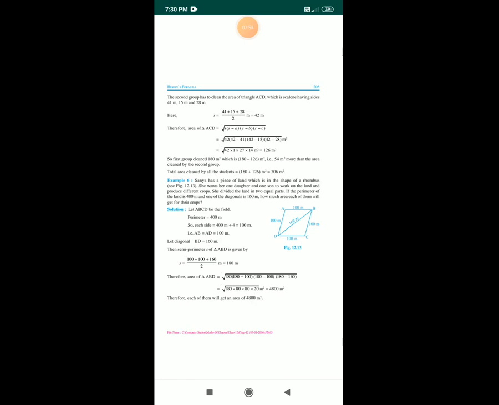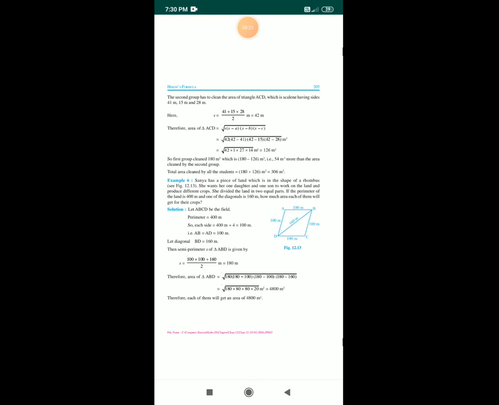She divides the land in two equal parts. If the perimeter of the land is 400 meter and one of the diagonals is 160 meter, how much area each of them will get for their crops?